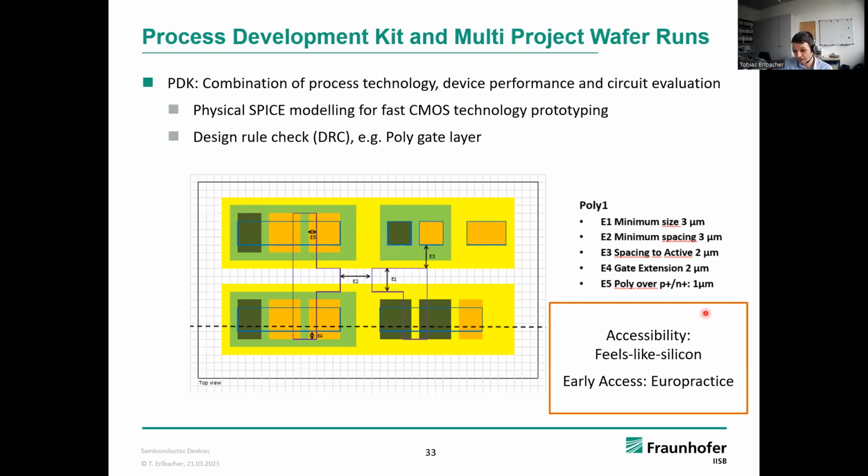And our idea is to basically provide accessibility to the CMOS technology, similar to what the designers already know from silicon, so that the transition from silicon to silicon carbide CMOS technology is not a big barrier, because you can use the same circuitry.